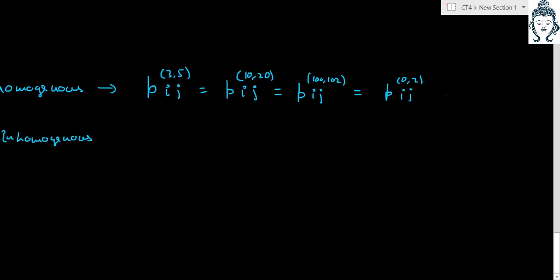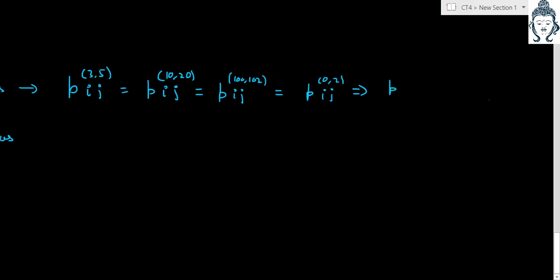So in general I can write that the probability of transition from I to J over 2 steps is the same in all these cases. We just care about the duration and we do not care about the time when we start. It does not matter if you start at time 3, time 10, time 100 or time 0. Your probabilities of transition from state I to J for 2 steps would all be equal.